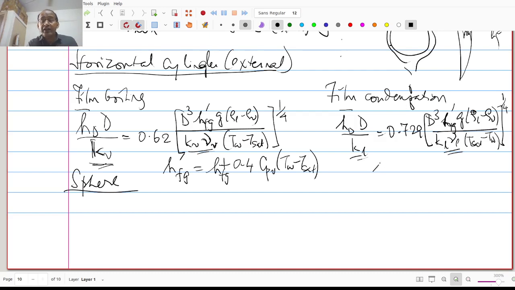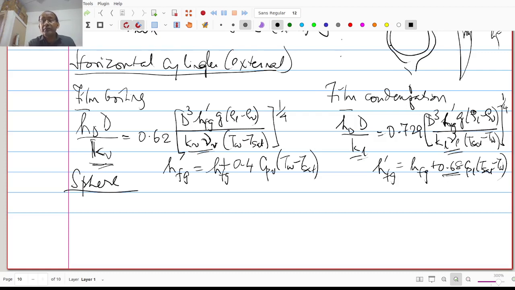And here h_fg prime is equal to h_fg plus 0.68 into c_pL into (T_sat minus T_1). So you remember that this was 3 by 8 in Nusselt correlation and it became 0.68 in Rohsenow correlation, and that is used across the thing.